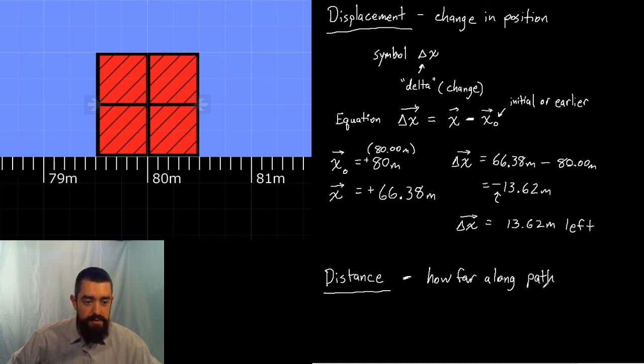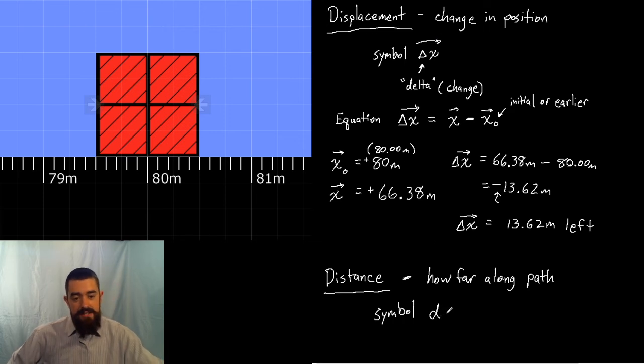A more formal definition can be found on the internet or in a textbook. There are lots of different symbols that can be used for distance. S is one of the symbols. Don't ask me why. But we're going to use the symbol D. Oh, let me note that for delta x, that was a vector quantity.